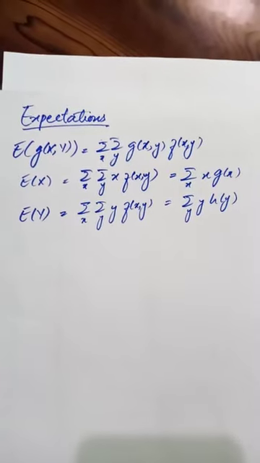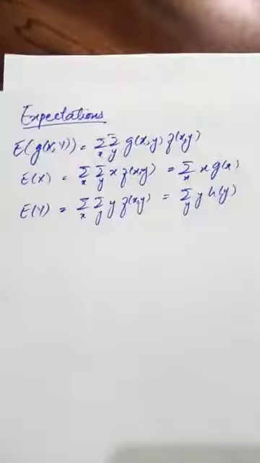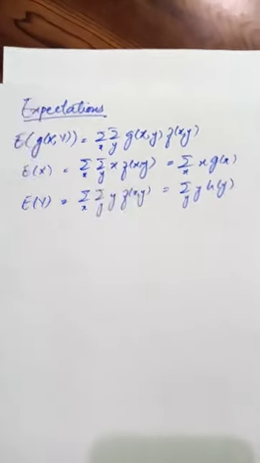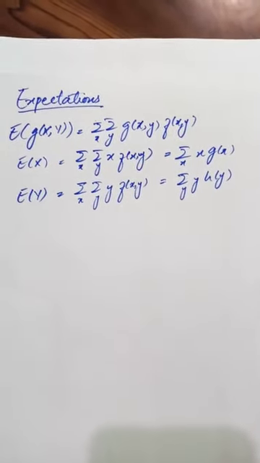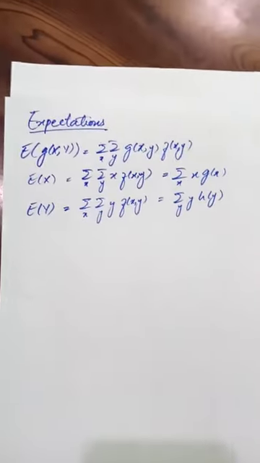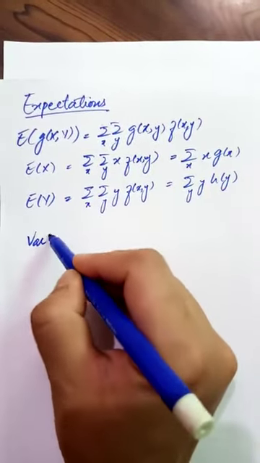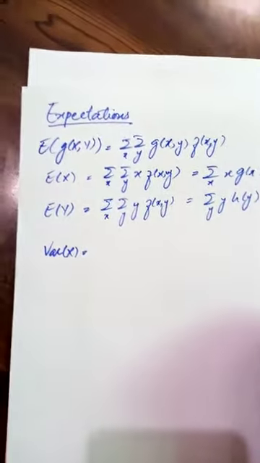We have discussed these rules of expectation for the joint distributions of x and y. Now we can also calculate the variances from the joint density. If we want to compute the variance of x from the joint density, what will we do?